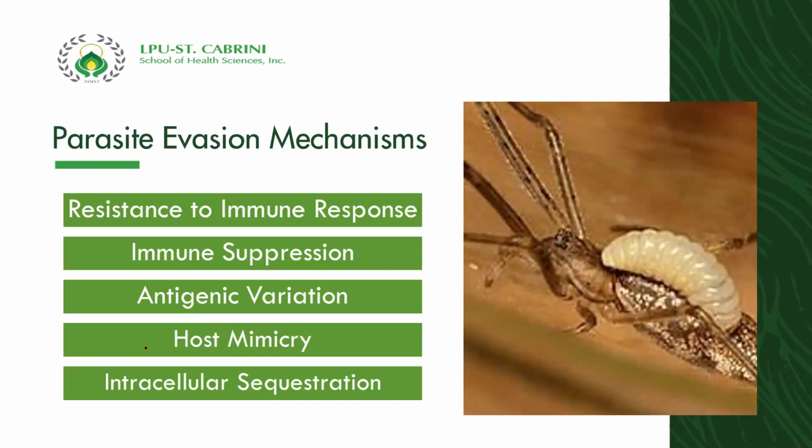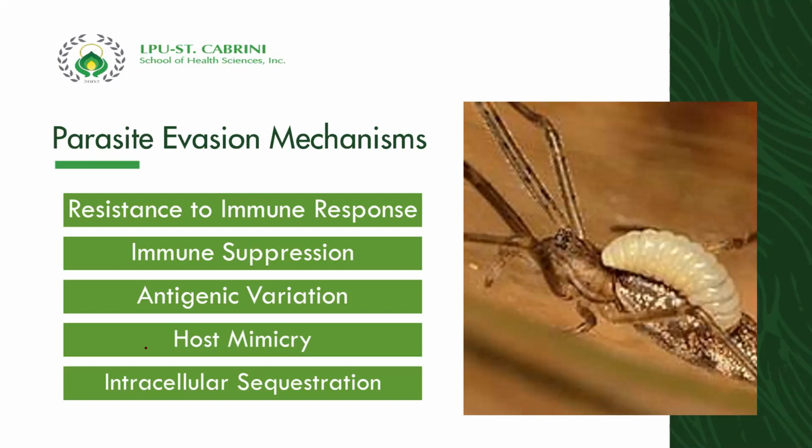Now, how about the parasite invasion mechanism? Take note, people, that parasites have several characteristics that make it difficult for the host to detect and eliminate them. The parasite size, complicated life cycles, and location within the body are the reasons why parasites cannot be detected easily.